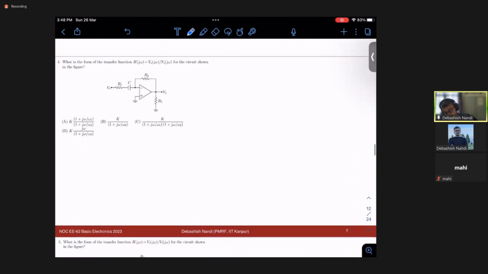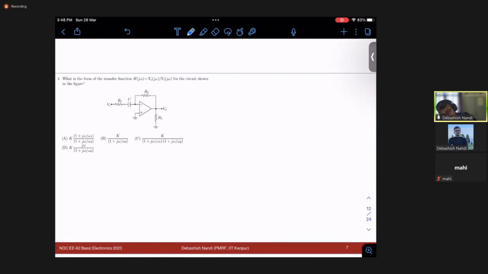If I move on to the next problem, they are asking what is the form of the transfer function of this circuit, right? How can you say the transfer function without writing a single line, right? The same intuition you can use. If you apply zero frequency, what will happen? This capacitor will block your DC. So this point will be simply connected to Vout.